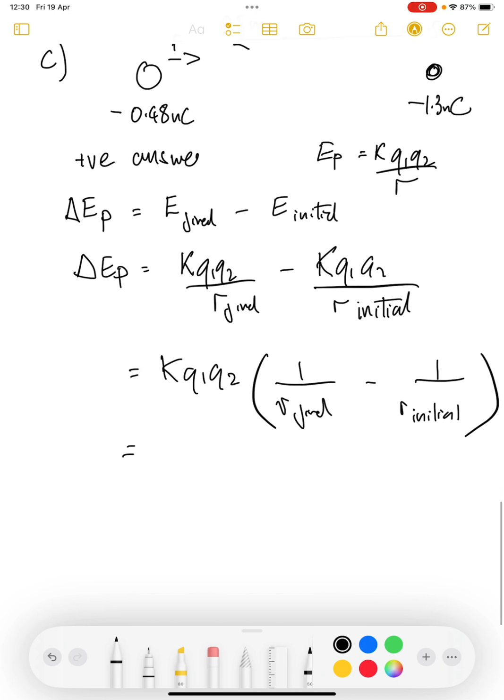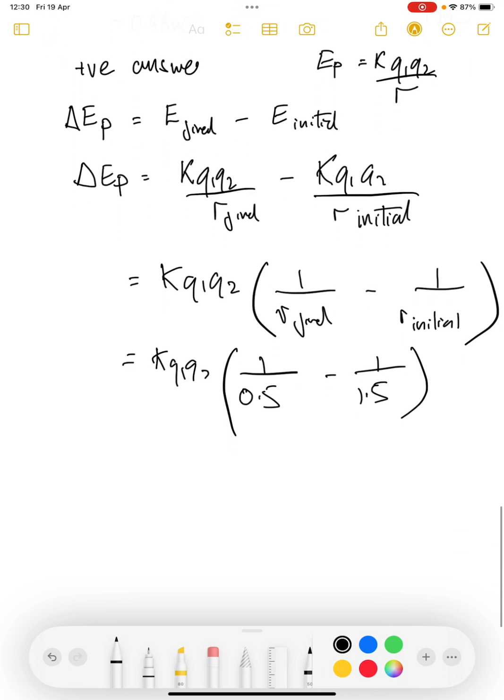Which is K Q1 Q2 times 1 over 0.5 minus 1 over 1.5. If I plug those numbers in, I get a plus 7.48 times 10 to the minus 9 joules.